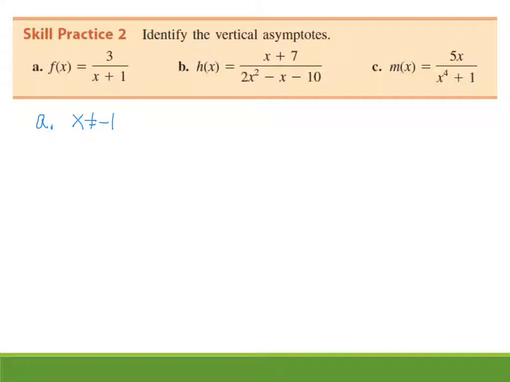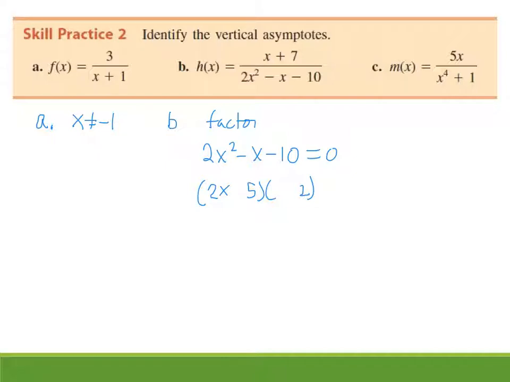Next, in part B, again, for the denominator, we need to factor 2x squared minus x minus 10 is equal to 0. So here we have 2x, and the question is, we probably have a 2 here and a 5 here.